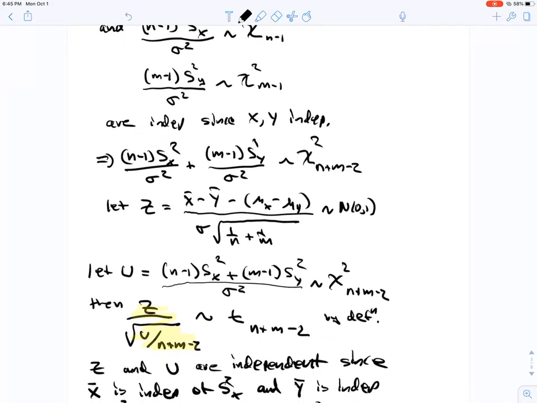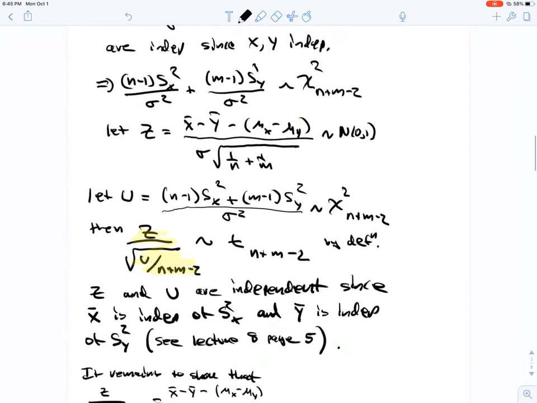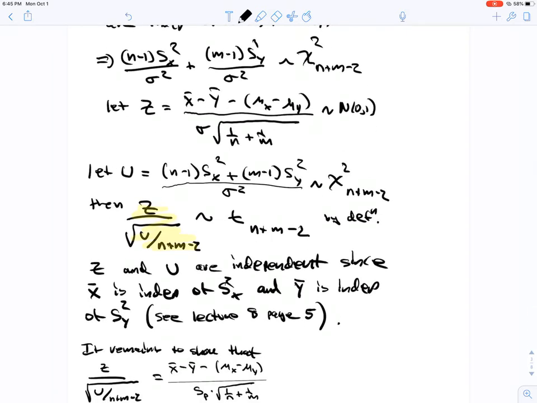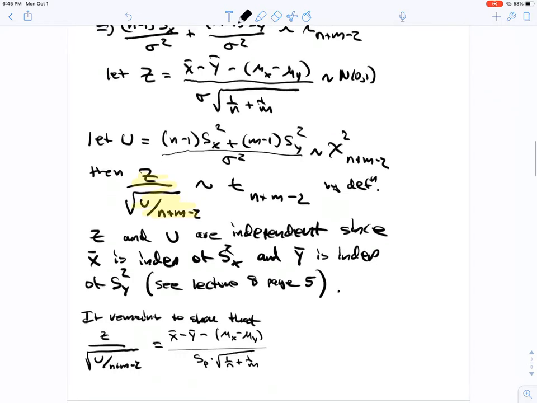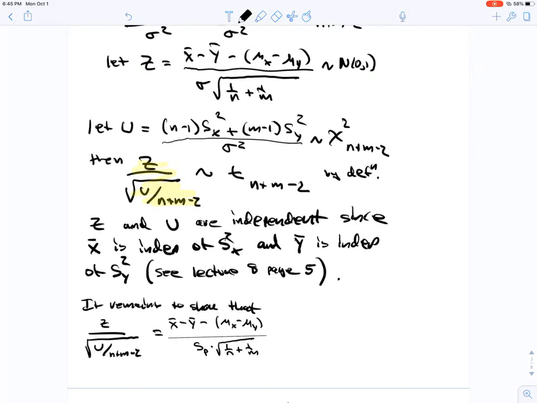So now let's define z as shown here. It's easy to see this is standard normal, and let's define u as defined here. Easy to see that this is chi squared with n plus m minus 2 degrees of freedom. So then z over the square root of u over n plus m minus 2 is a t distribution.